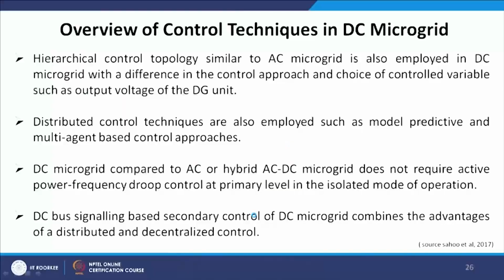DC bus signaling based secondary control of DC microgrid combines the advantages of distributed and decentralized control.